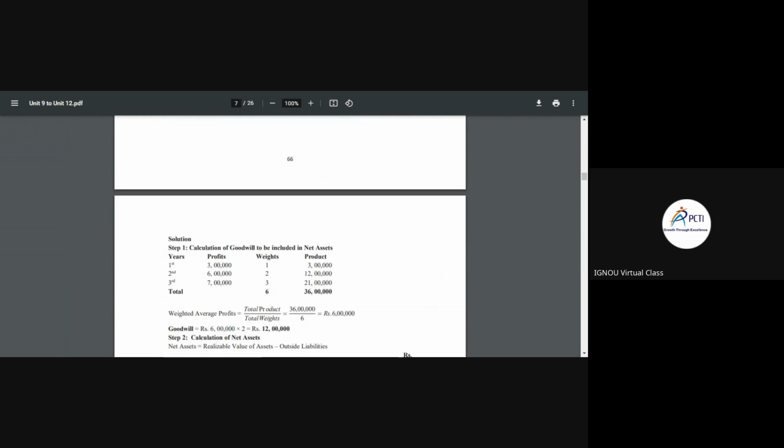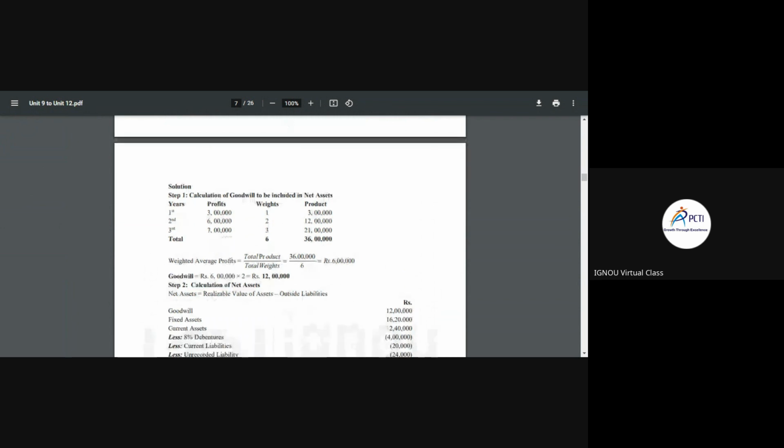So in this we have weights actually. According to the solution, first of all we need to calculate goodwill which is included in net asset. So we have 3 years, first, second, third. We have profits like 3 lakhs, 6 lakhs and 7 lakh. Then we have weights 1, 2, 3. Then total weight is 6.